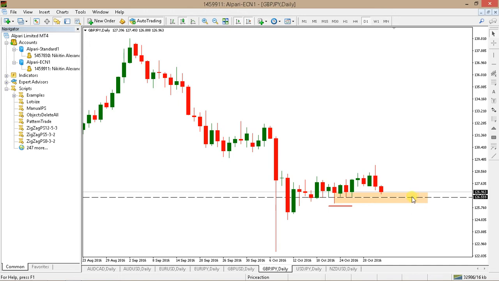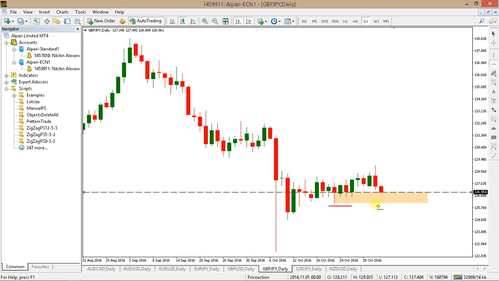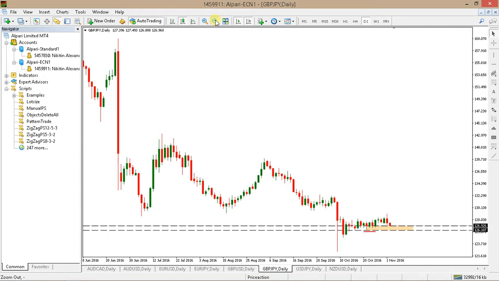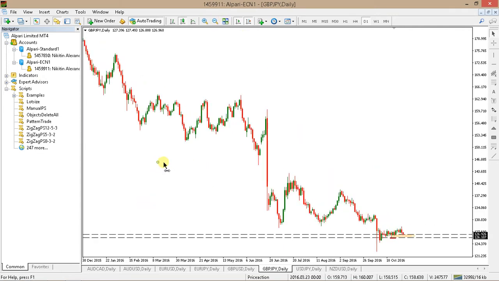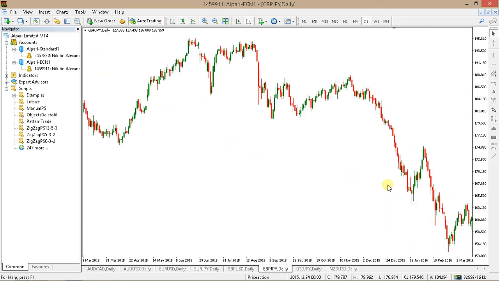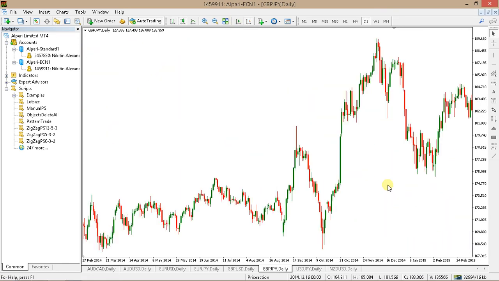Let me mark the whole zone, to the low and to the body. And if we go to the history, we will find some more evidence of this zone acting as support as well.